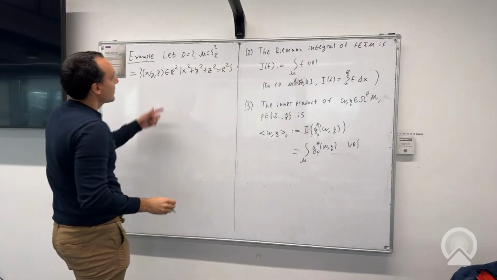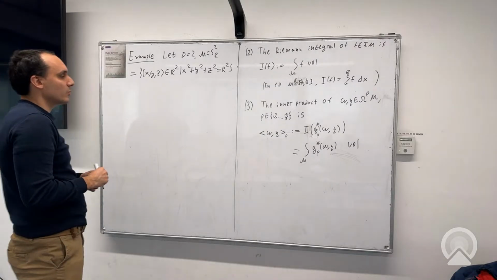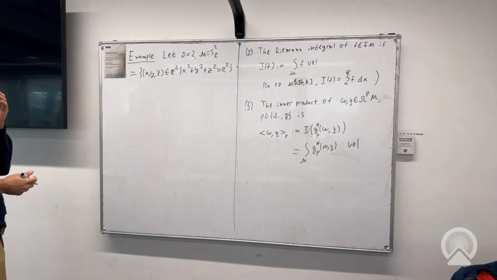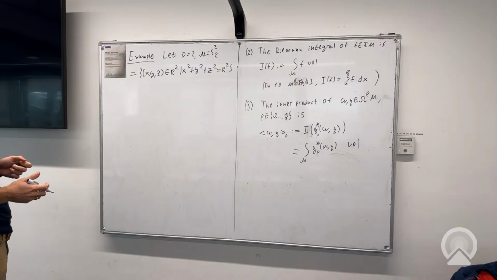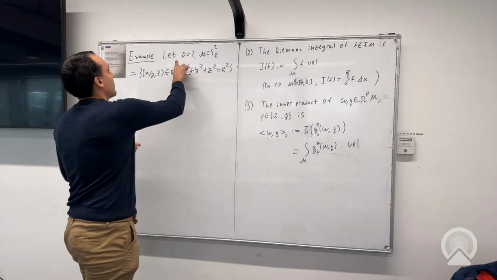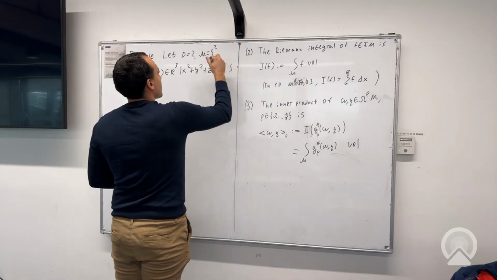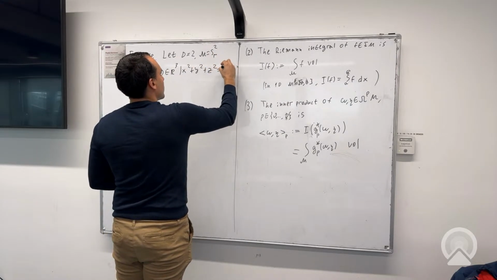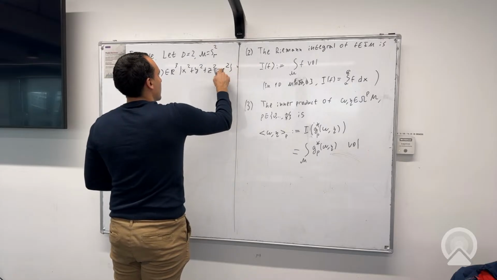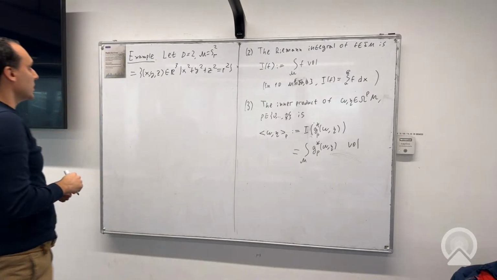I will do the surface area of a sphere, because if I do the volume of a ball, it will be a much bigger computation. I will put a small r, not to confuse somebody.